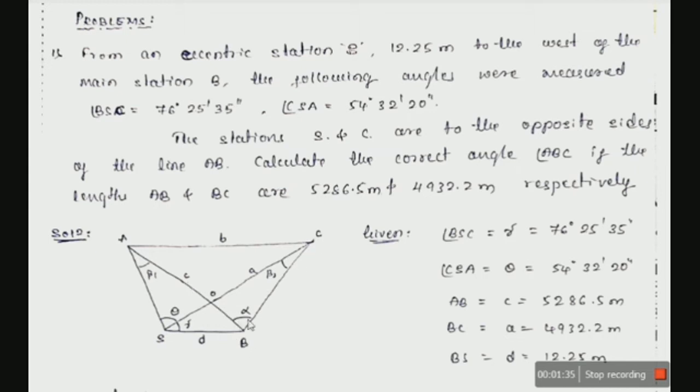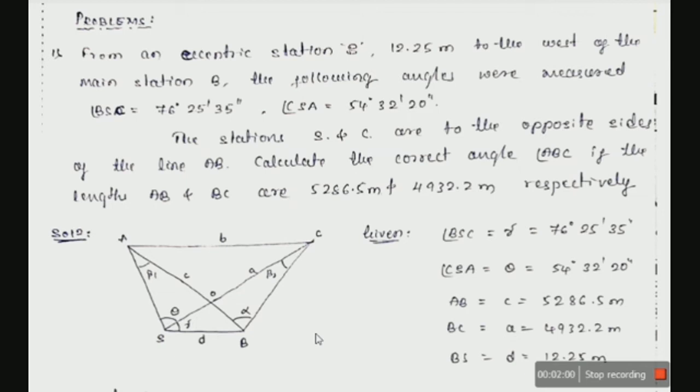Similarly, they have given the BC distance, that is a. So a is equal to this much. Then last BS, the distance between the main station and satellite station, 12.25 meter, that is noted as small t. So solving this, first we have to find out beta 1 and beta 2.